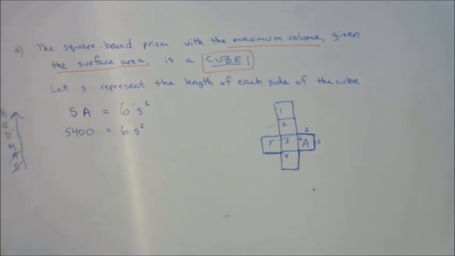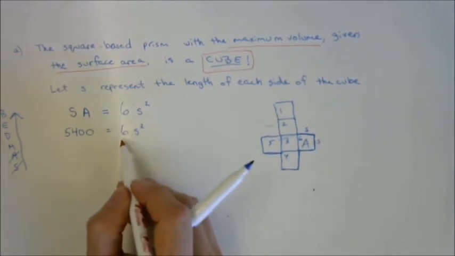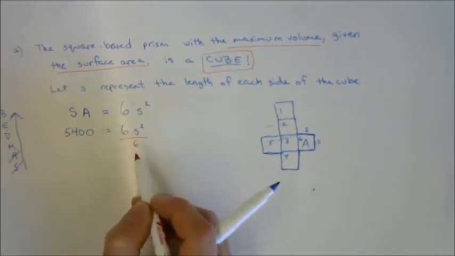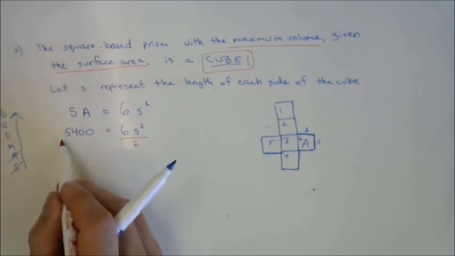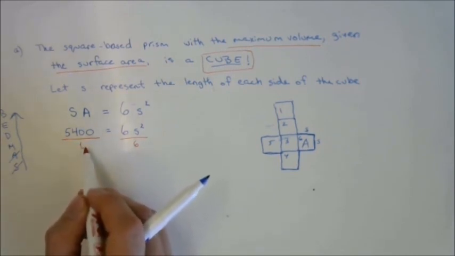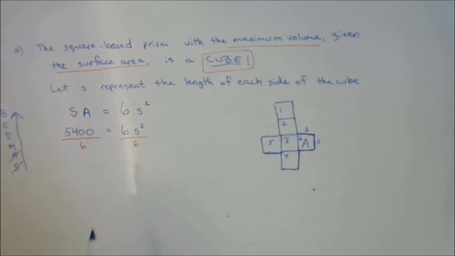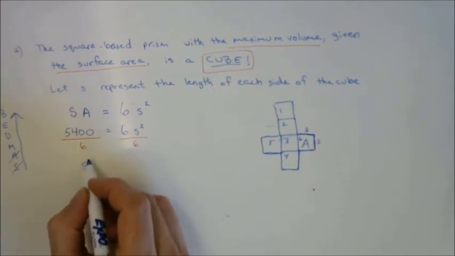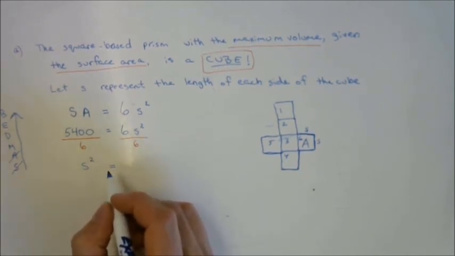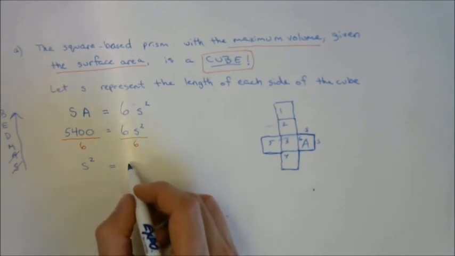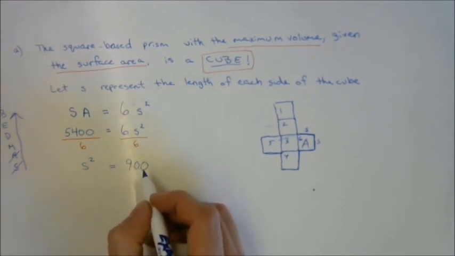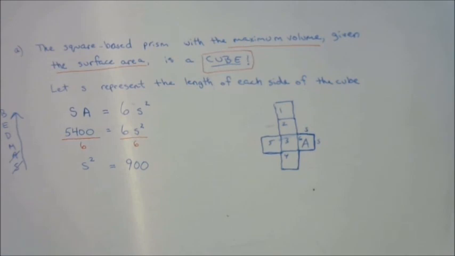How do I undo multiplication? So what am I going to divide this side by? 6. Am I done? No. I have to divide the other side by 6. Okay, I'm going to flip the sides here so that I have my S squared over here. And 5,400 divided by 6 is 900.